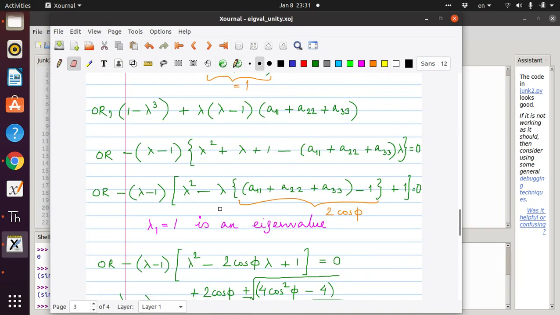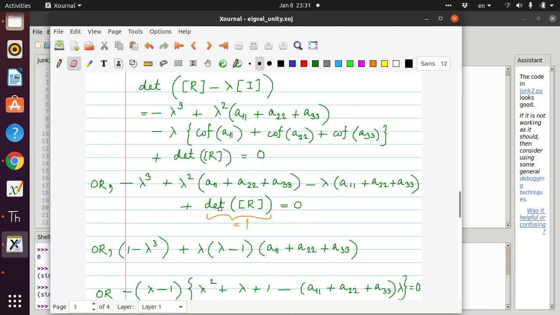So these are the three eigenvalues of the rotation matrix. So let us stop here.